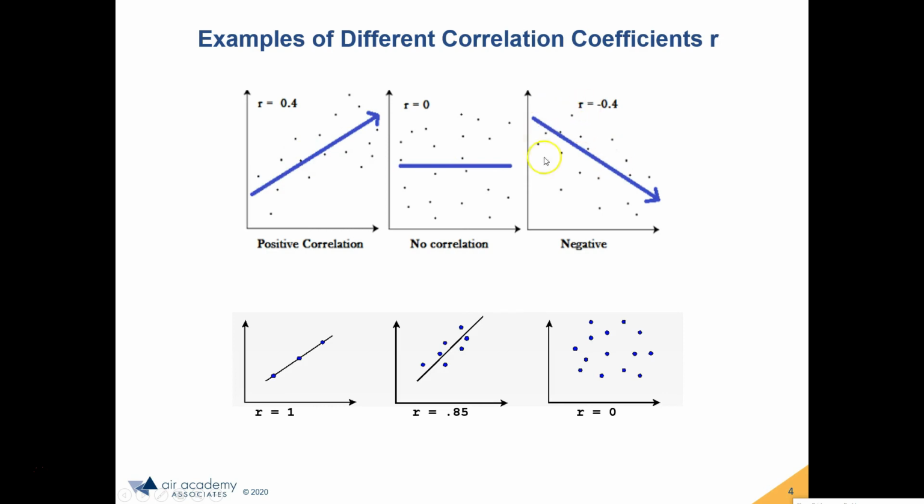Likewise over here, although the correlation coefficient is negative, and of course the correlation coefficient in the inner scatter plot is close to 0, if not 0. Here's an example of R equals 1. This is perfect correlation because all of the points lie exactly on the line. Here's a correlation coefficient that is quite strong, 0.85. All the points are not on the line, but they're very close to it. And then, of course, here's another example of R equals 0.